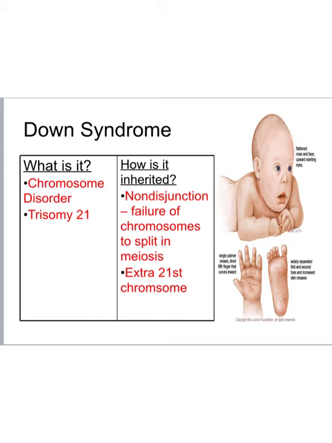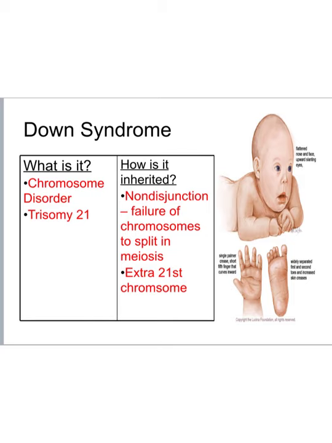You can see in the pictures, and we'll get to symptoms in the next slide, that Down syndrome babies have a flattened nose, a flatter face, and their eyes slant upward. You can see there's a predominant single crease in their palm.